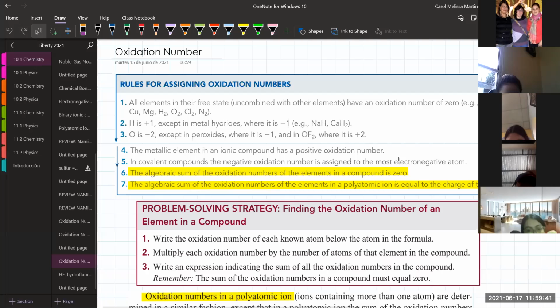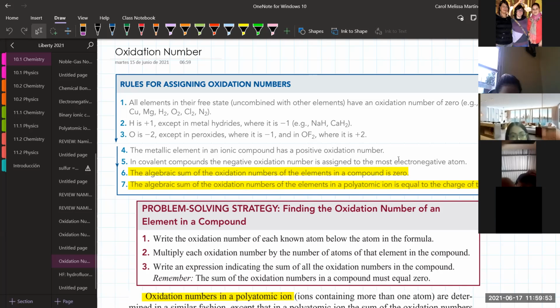The first rule says that all elements in their free state, which means that they're not combined, have oxidation number 0. That means pure elements that are not combined, or the diatomic elements like hydrogen, oxygen, chlorine, nitrogen. All of them, when they're not combined, their oxidation number is 0.